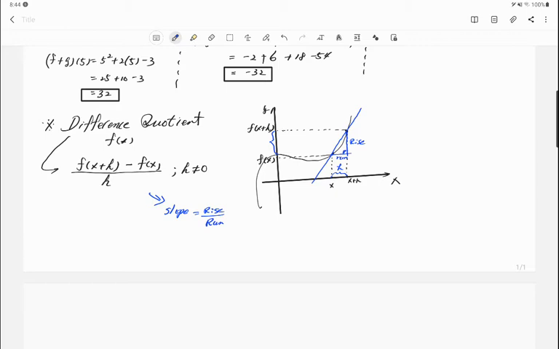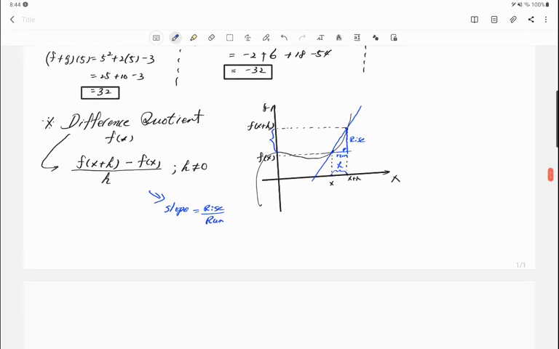Then in this case, why don't we reduce this distance? Reduce h close to 0, not 0, but very close to 0, like 0.1, 0.01, 0.001, and so on. So make h very, very small, so it's very close to x. Then this point moves towards x, so it's very close to x.